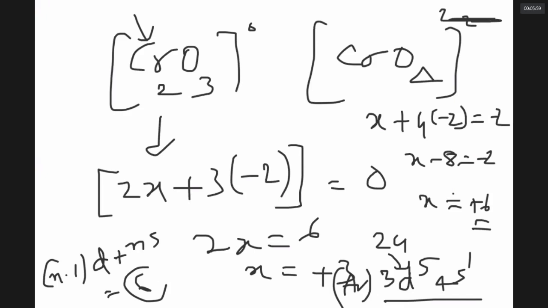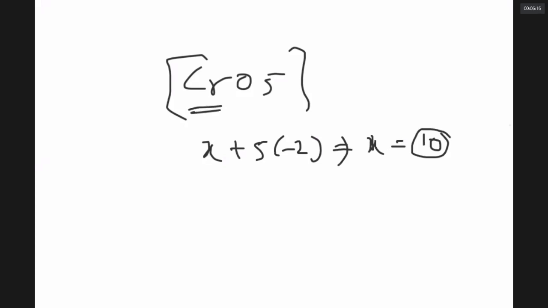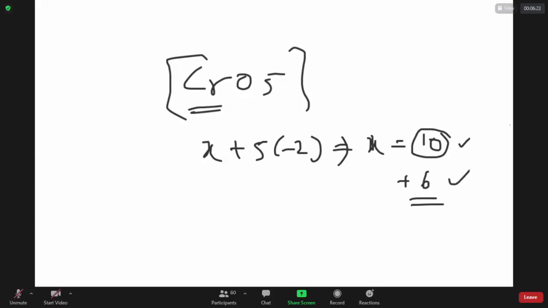In CrO5, if you really calculate the oxidation state, x is equal to 10. The calculated oxidation number of chromium in CrO5 is 10, which is 4 units more than the maximum allowed oxidation state of chromium.